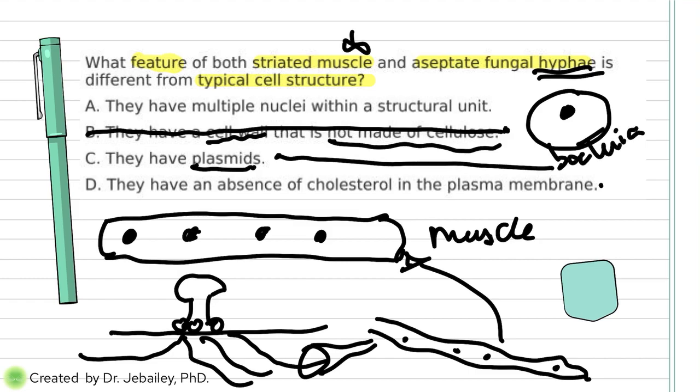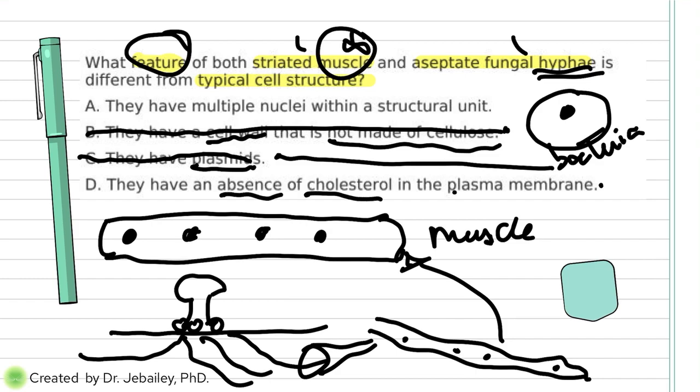And muscle is not part of a bacteria. So automatically, this one is done. It's out of here. Because remember, we're talking about a feature of muscles and hyphae, and these guys are not bacteria. So it's canceled.